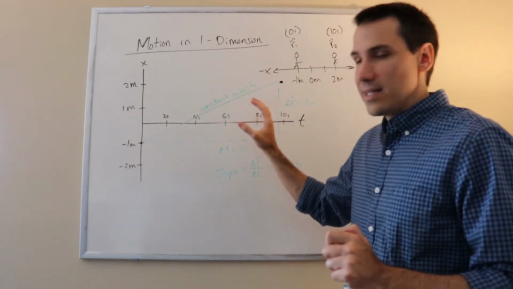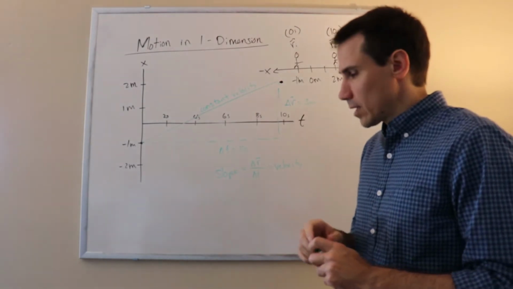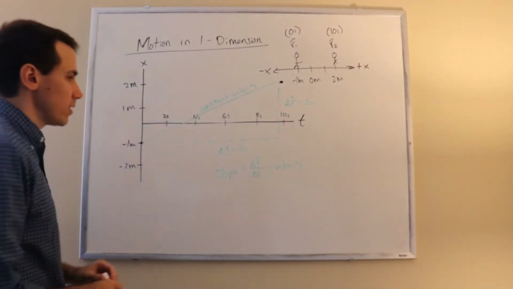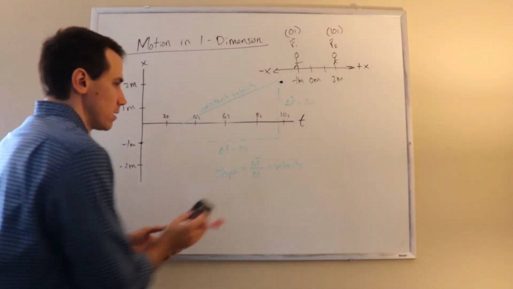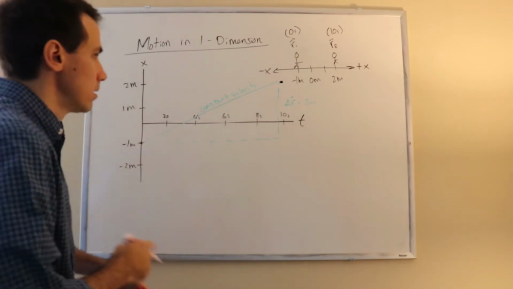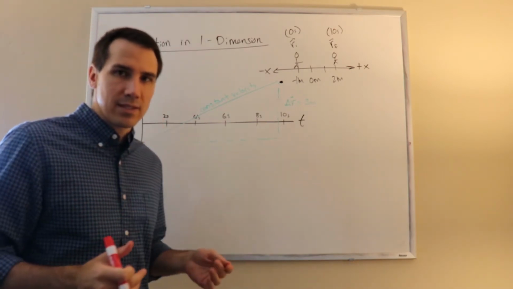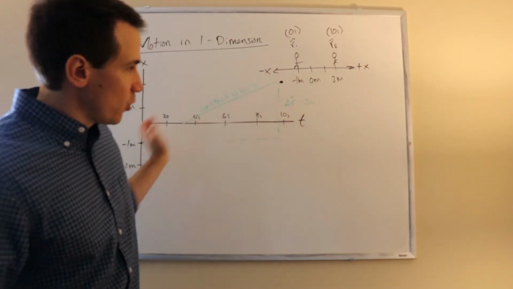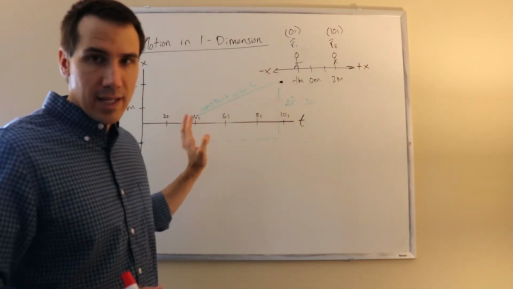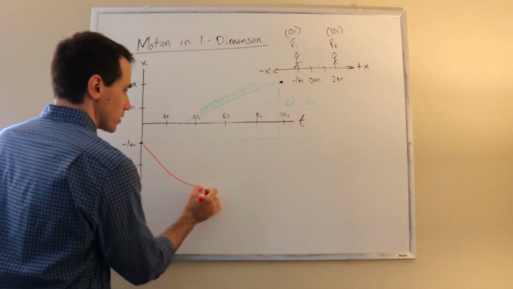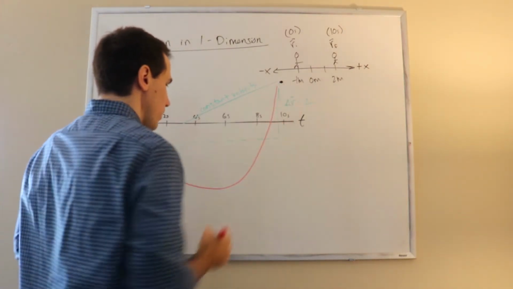So this is the simplest case, but imagine that instead the person did some other path, that instead of going straight from point 1 to point 2 at a nice stable speed, they instead ran in the negative direction and then ran back.